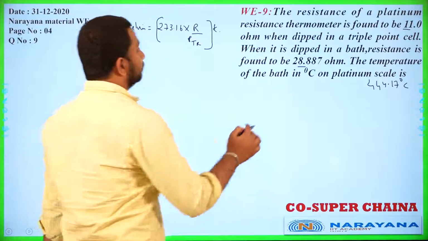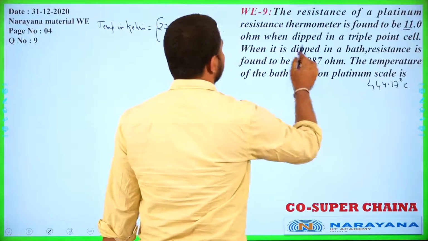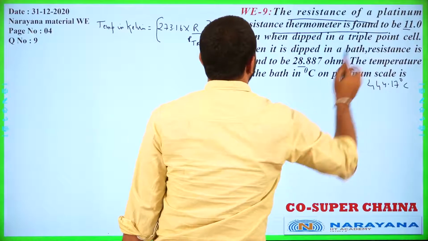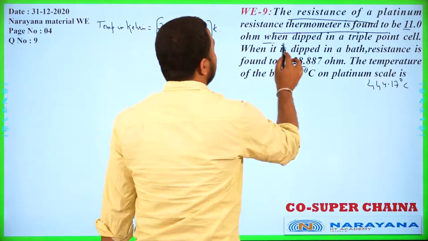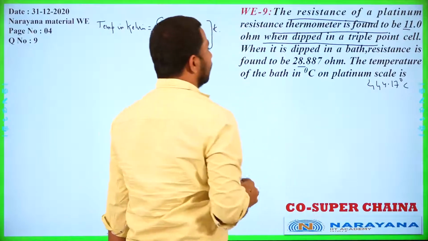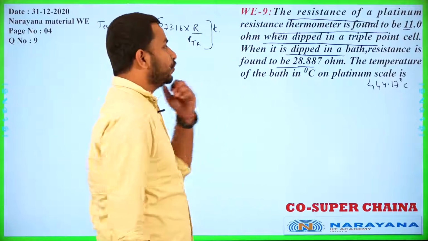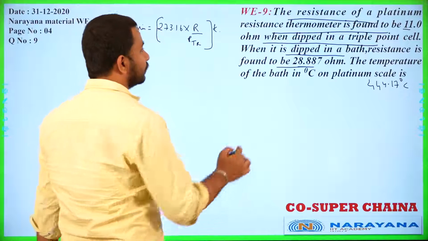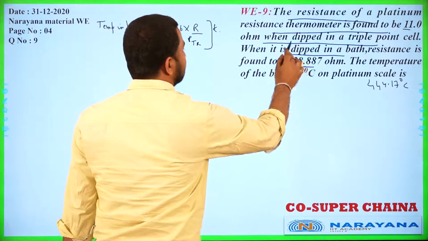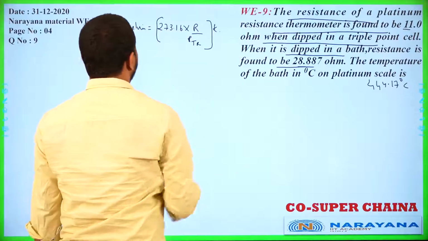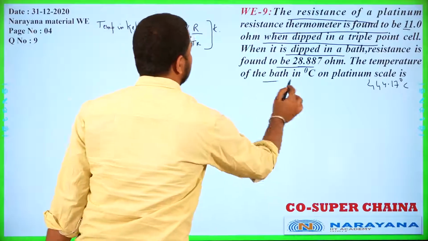Here students, it is given in the question that the resistance of a platinum wire is found to be 11 when dipped in a triple point cell, and when dipped in a bath the resistance is found to be 28.87. So R and R triple point values are given. You need to find the temperature of the bath in Kelvin.